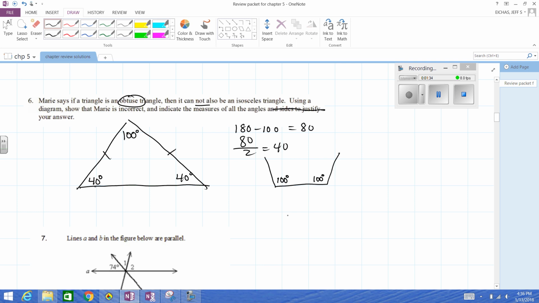Okay, so it does say to justify your answer. Angles of a triangle add to 180. The measures have a sum of 180.